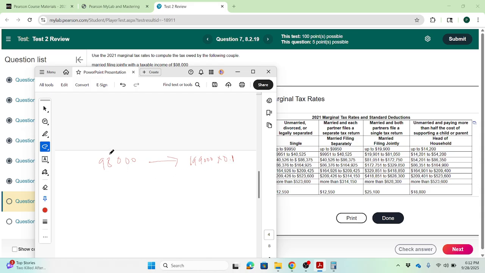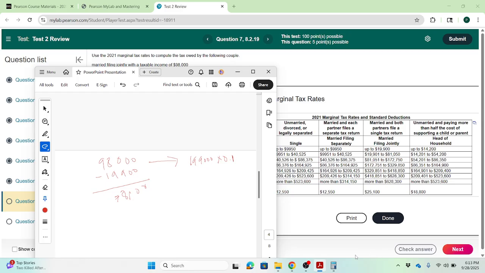Now from this 98,000, 19,900 is gone, so the leftover balance after subtracting 19,900 will be what, 78,100.